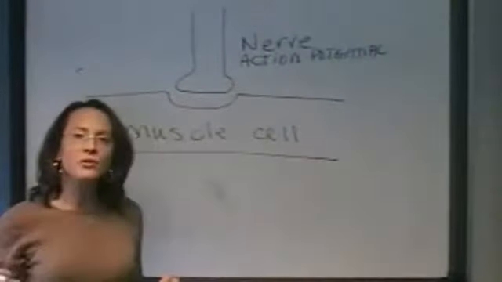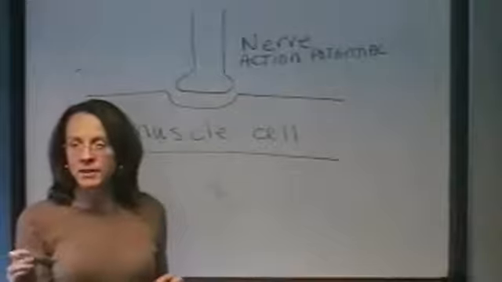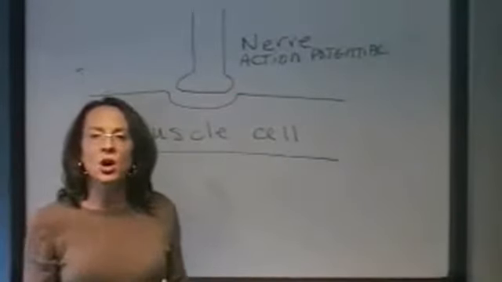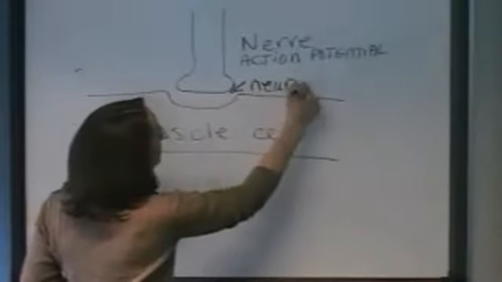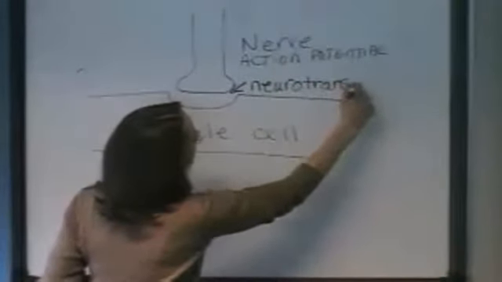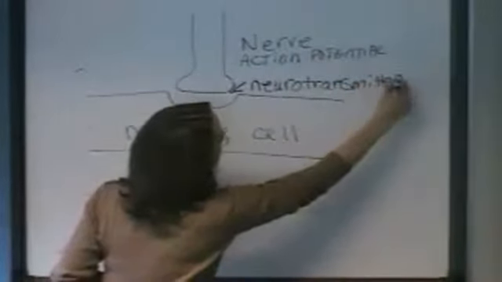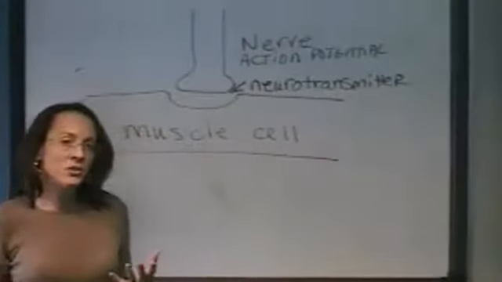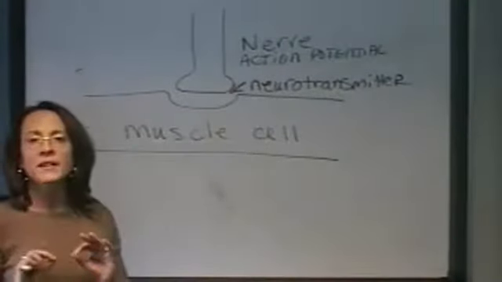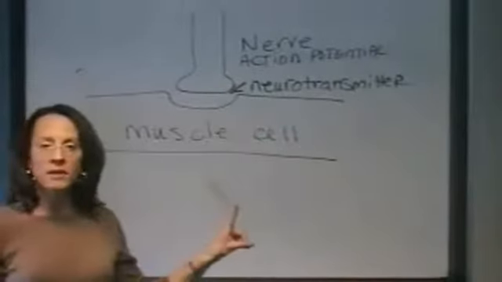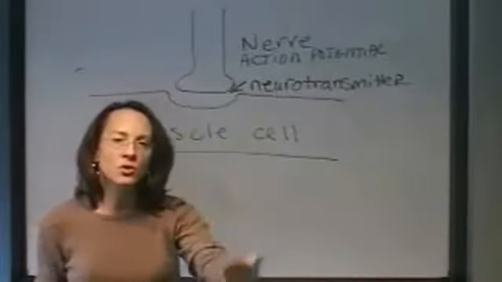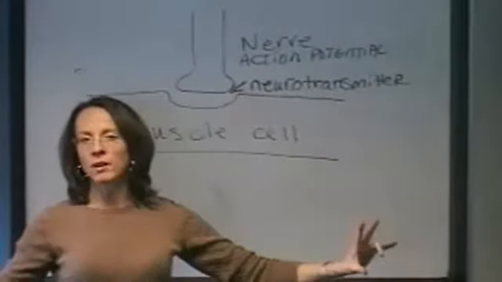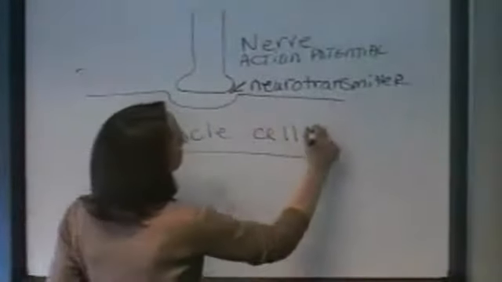travel down the nerve. That action potential will release what's called a neurotransmitter. That neurotransmitter is going to facilitate the start of an action potential in the muscle cell. So the nerve is going to send a signal, and the muscle cell will then work through an action potential.